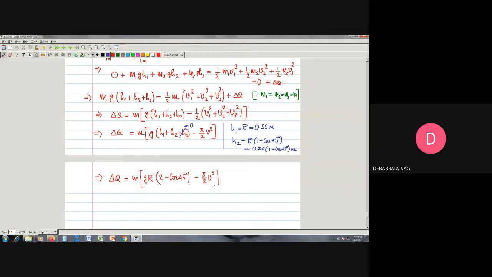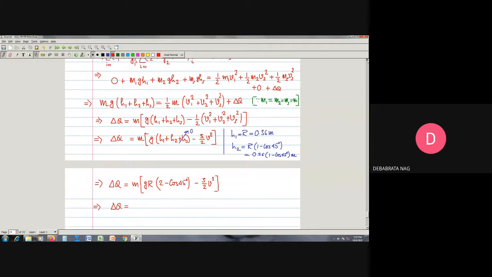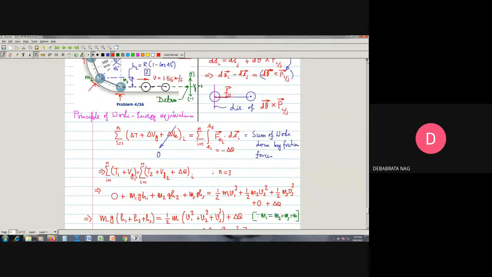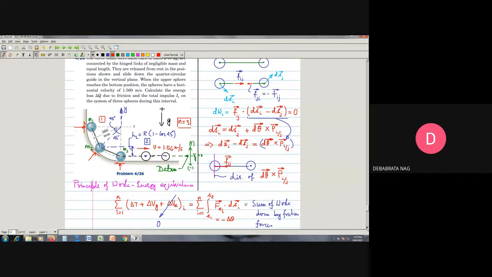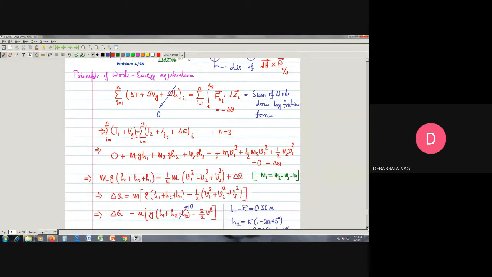Now we are ready to substitute our numericals. For delta Q, the mass of this body is 2.75 kg, so we take m equal to 2.75.